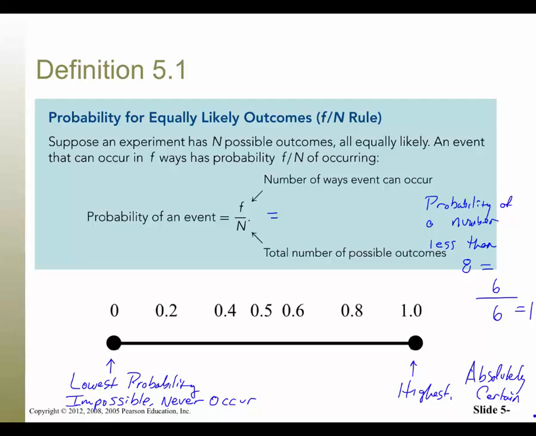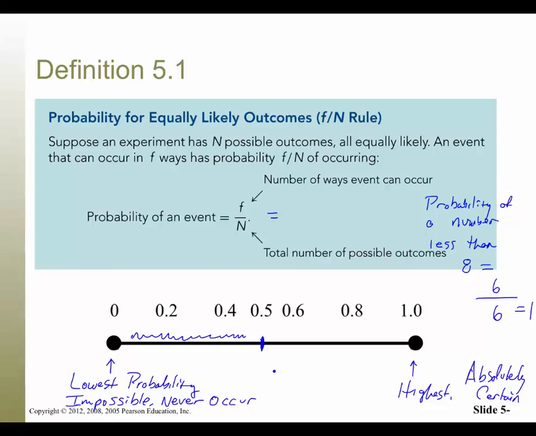So in between, what does a 0.5 probability mean? It happens half the time, or it's equally likely to happen as not to happen.